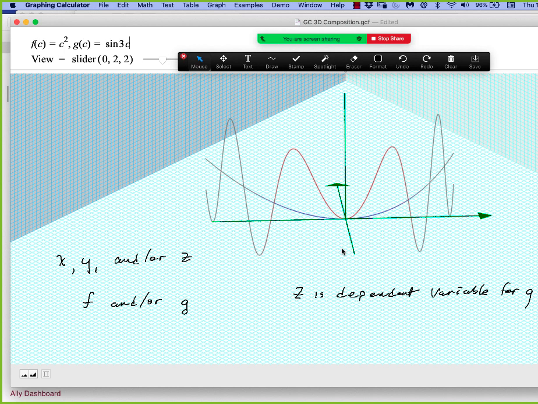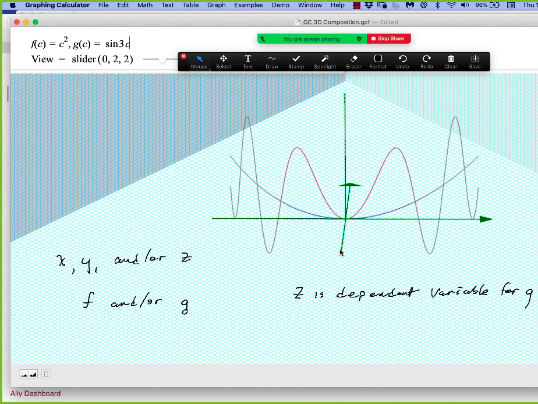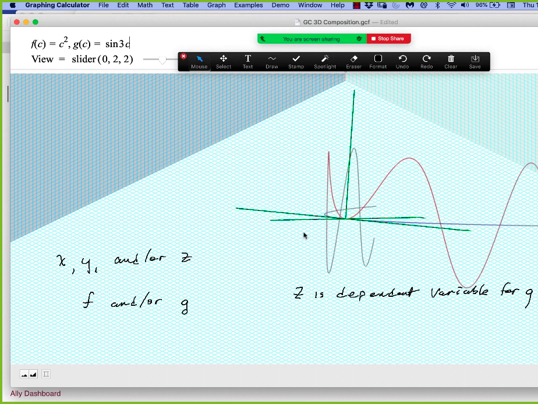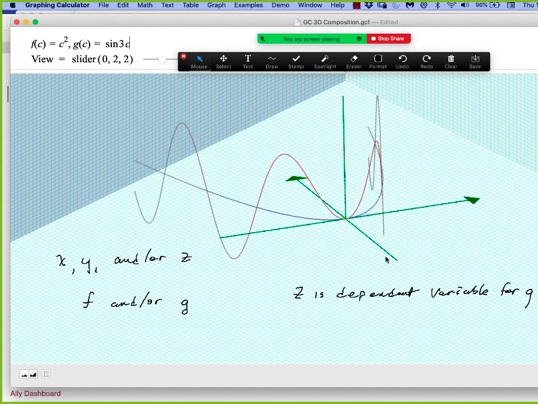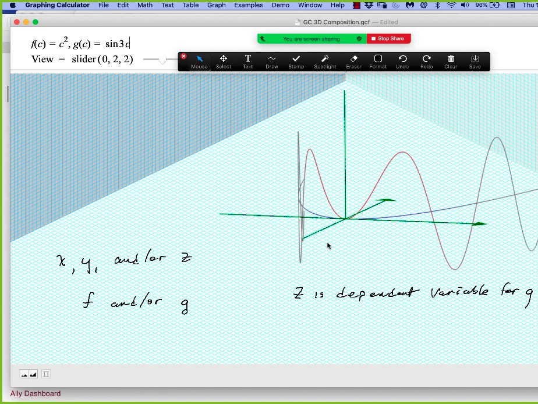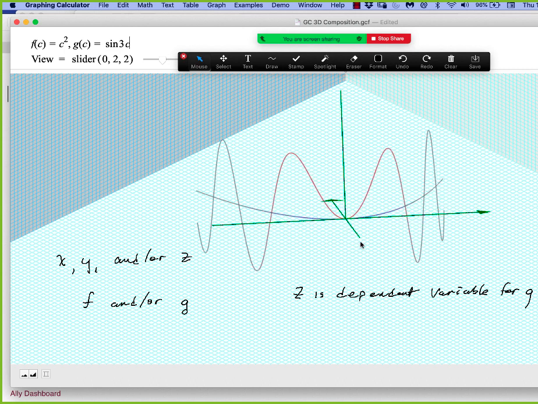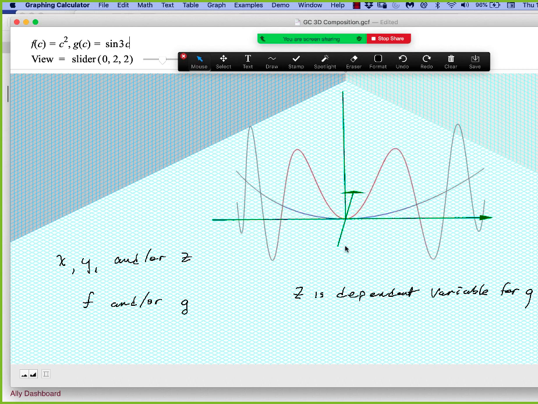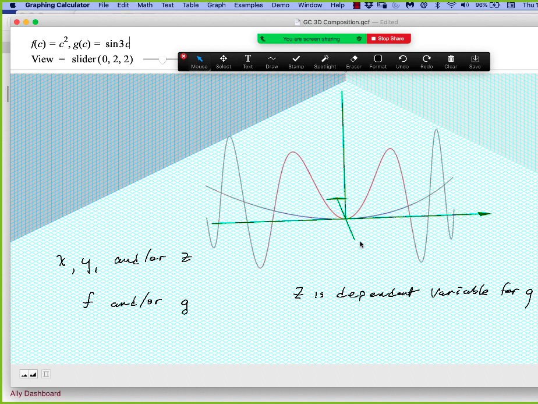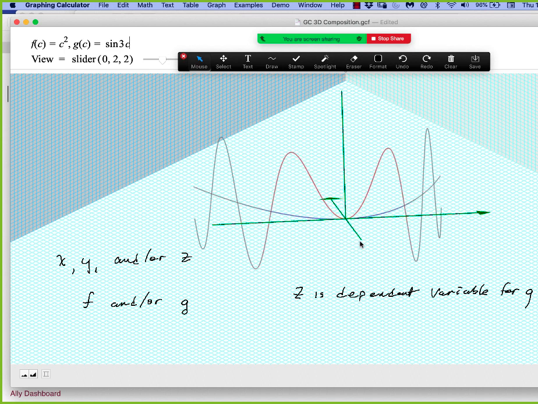Would the independent variable be the function f? Because g is graphed along the graph of f. Okay. So that would indicate x or y. Y. Okay. So maybe y is the independent variable for g. Yeah.